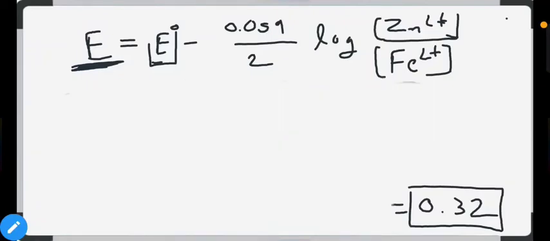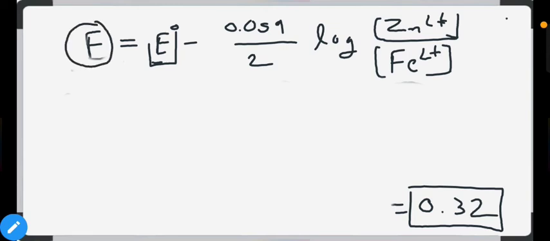Now back to the initial equation: cell potential is equal to standard cell potential minus 0.059 divided by 2 into log Zn2+ upon Fe2+. Okay, so this was our initial equation. Now we know that when equilibrium is attained, the cell potential becomes 0.